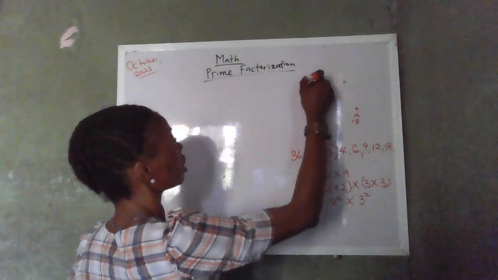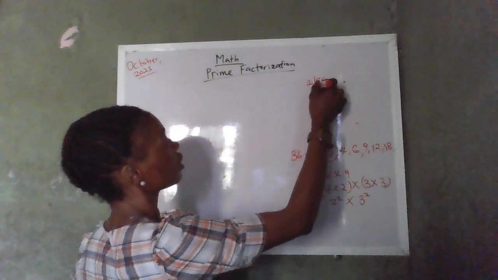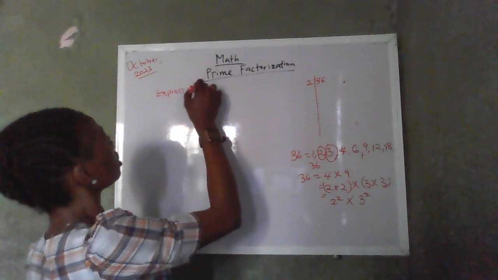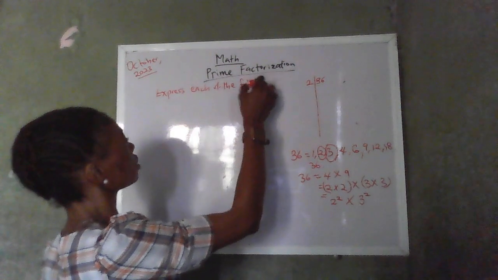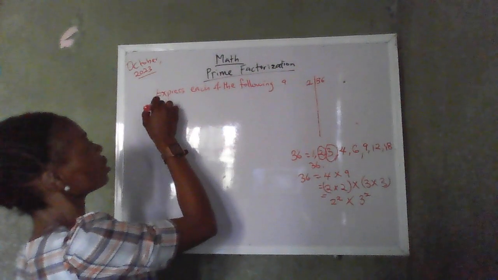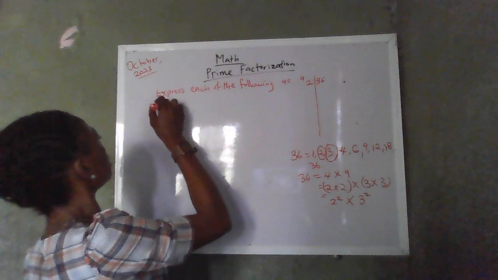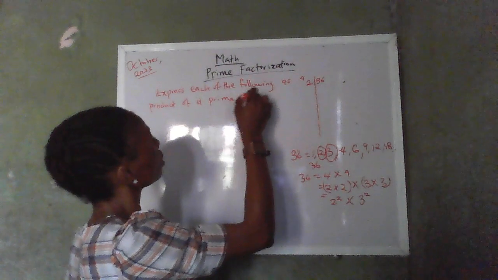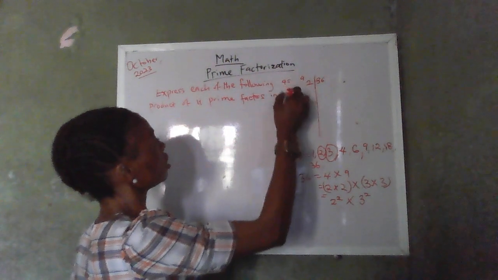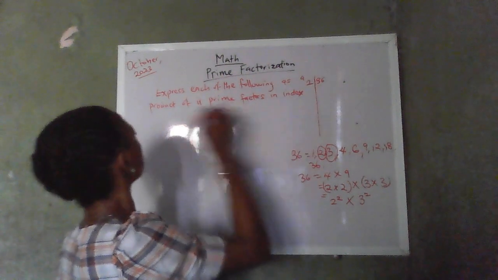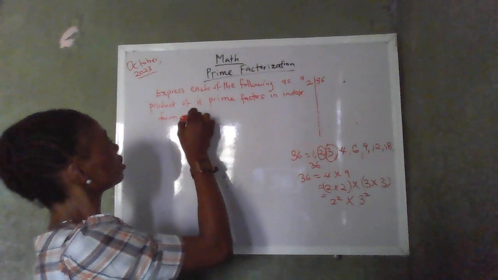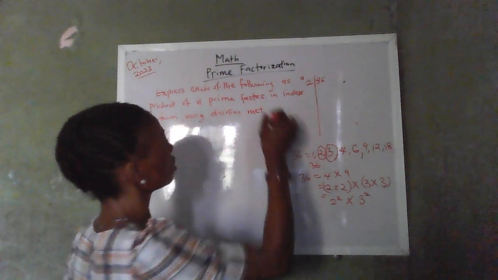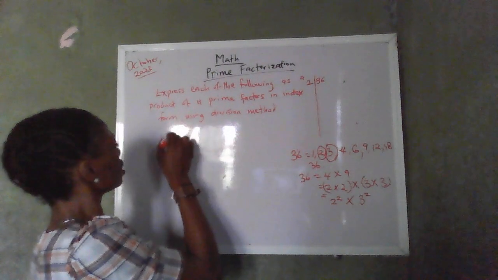Let's express each of the following as a product of its prime factors in index form using the division method. We are still using 36.